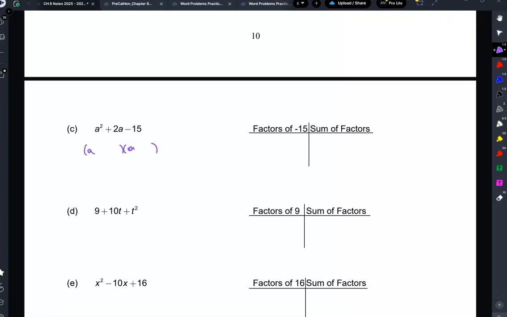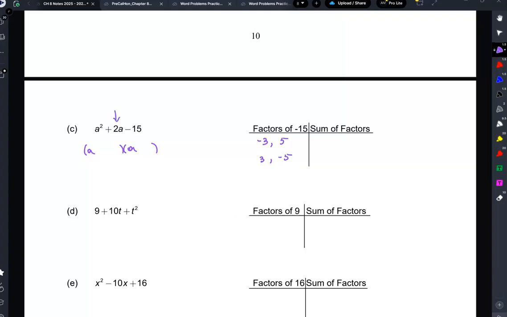So how do I get negative 15? It's either negative 3 and 5 or 3 and negative 5, or 1 and 15. Now what do they need to add up to? The 2.